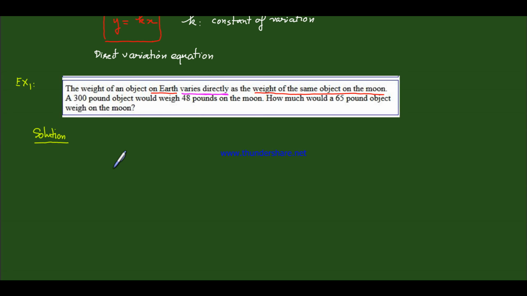Very directly, it means we have to use direct variation. But in order to use this, we need to get the k. In order to solve this, we need to get the direct variation equation first, and to get the equation, we need to get the k. What is the k?